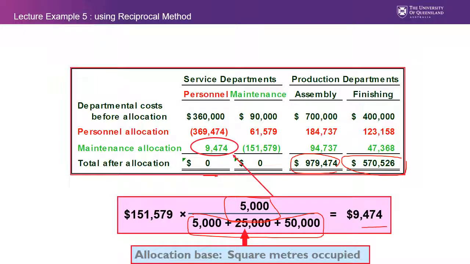But notice we allocate all of personnel and maintenance ultimately to assembly and finishing. We're just recognizing, in that allocation, the reciprocal relationship between personnel and maintenance by using those simultaneous equations.